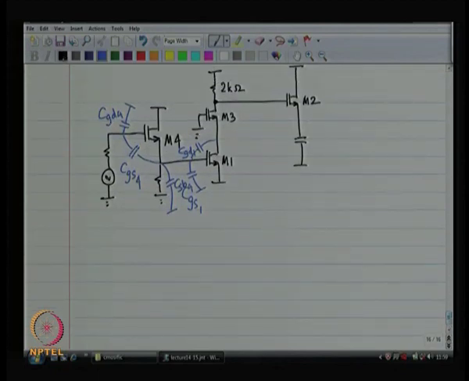So, this is my plan. Let me put a number here. Let us say I stick to my 2 kilo ohms resistance. All right, fine. So, let us do step by step. What is the resistance that CGD4 sees? The resistance that CGD4 is going to see is 1 kilo ohm, nothing else.